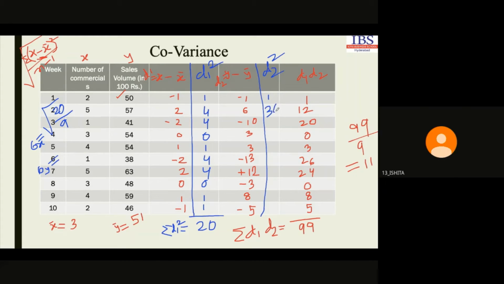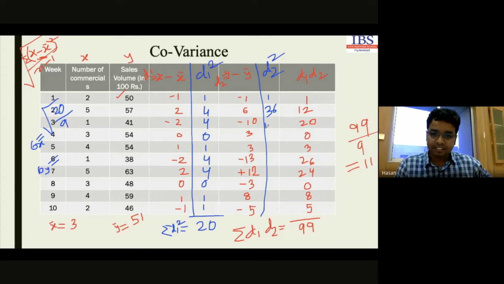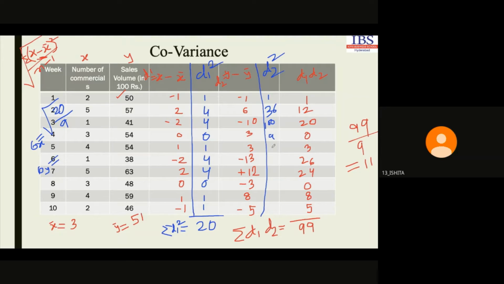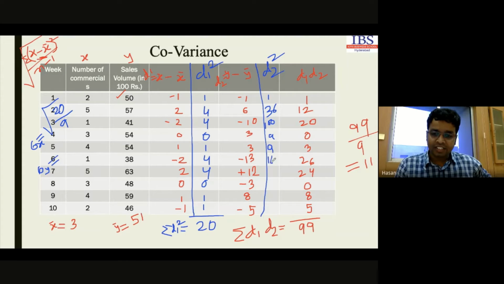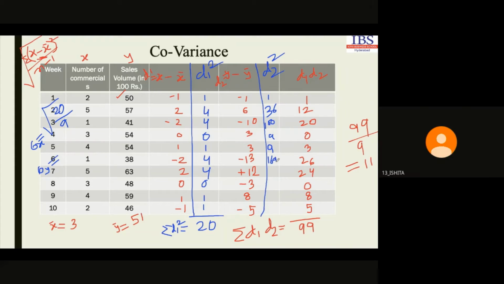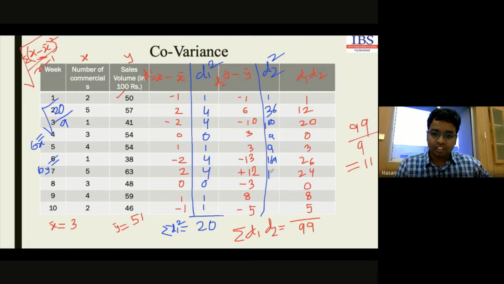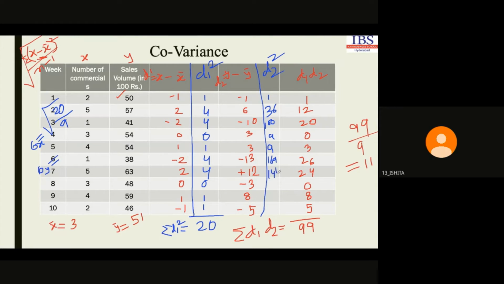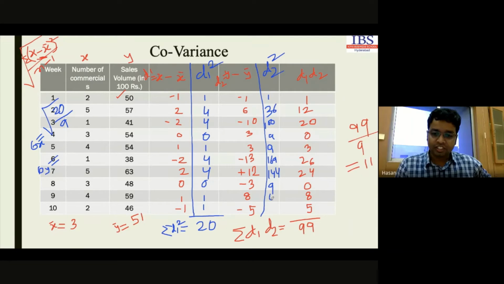Very good. 100, 100, 9, 9, 9, again 9, 169, 169. Very good. Excellent. 144, 144, 9, again 9, 64, 25, 64, 25. So this is also very easy.